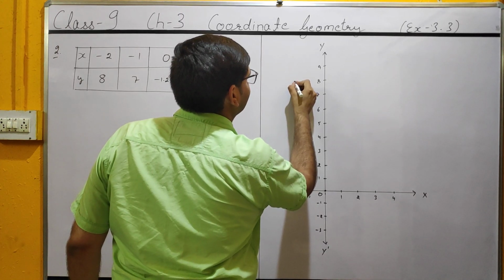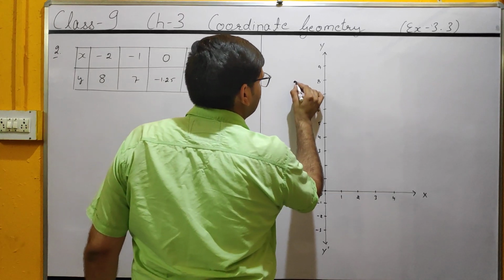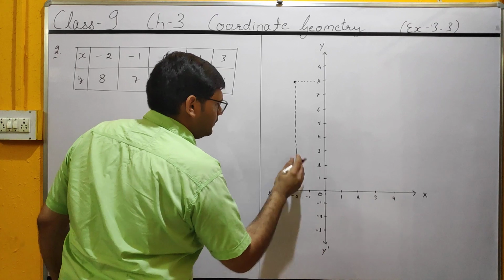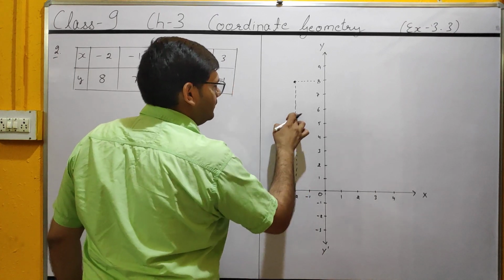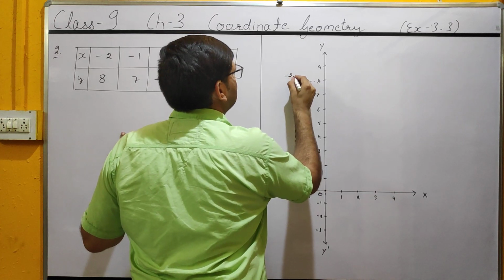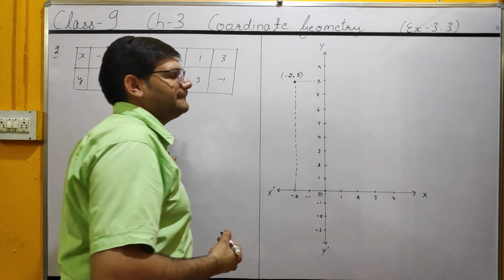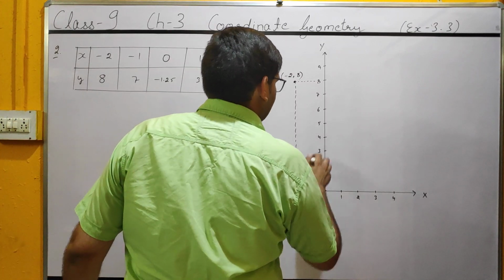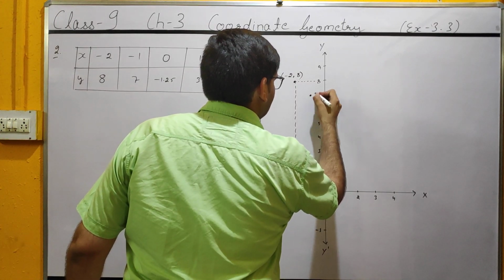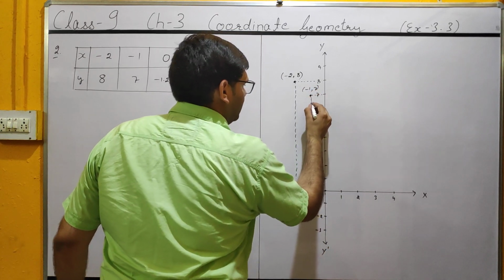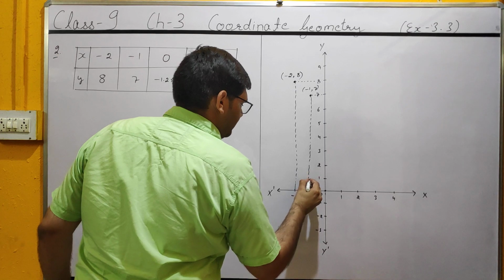Here. If you want, you can just draw the dotted line, and the point is -2, 8. Next, -1 and 7. In the same way, if you wish, you can do.